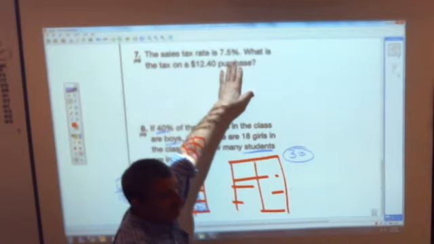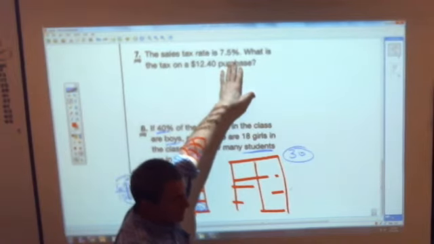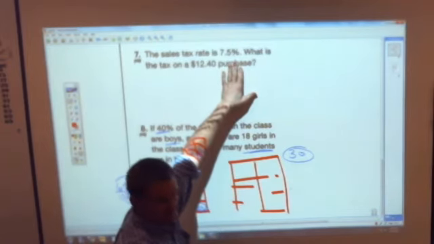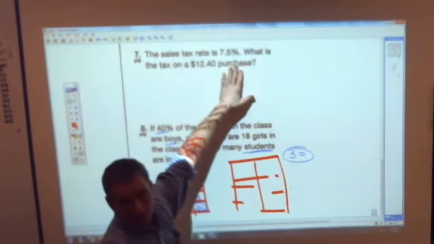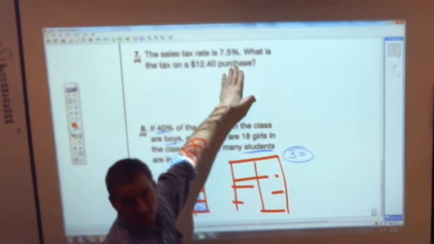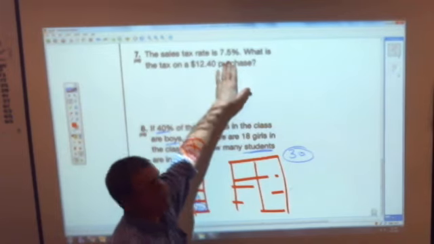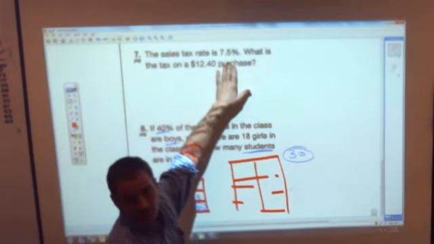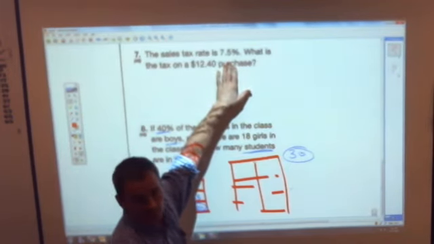Charlie, what is 7.5% when you change it to a decimal? Brady, what is 7.5% as a decimal? 7.50. No, you didn't change the number at all. That's 750% actually. Rick? 0.75.